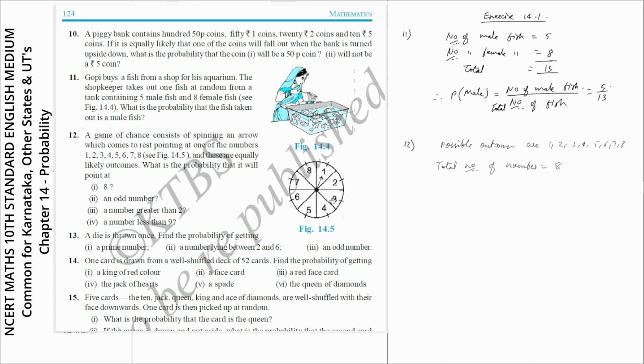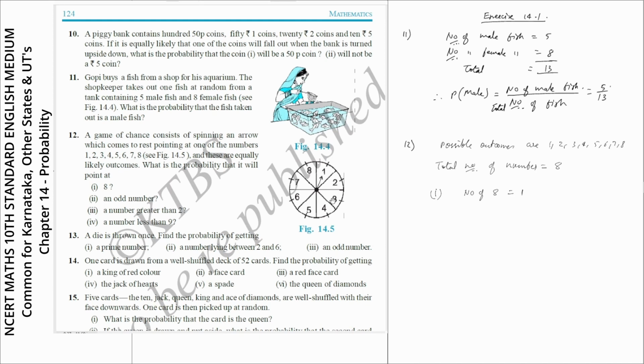Now coming to the first sub question. Here, what is the probability that it will point at 8? Number of 8s is equal to 1. Out of these possible outcomes, there's only one outcome where the number is 8.